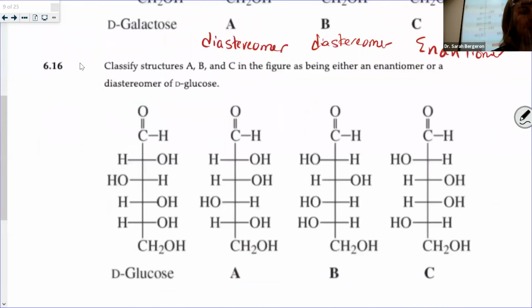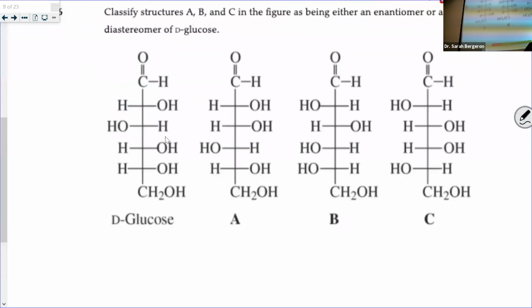All right. Now, when we talk about sugars, there are things that are enantiomers, and there are things that are diastereomers. What is an enantiomer? An enantiomer is what we've already done, a mirror image. So what's another way to say that, a mirror image? So it's that every group on those chiral carbons is flipped, right? So we just flip-flop them.